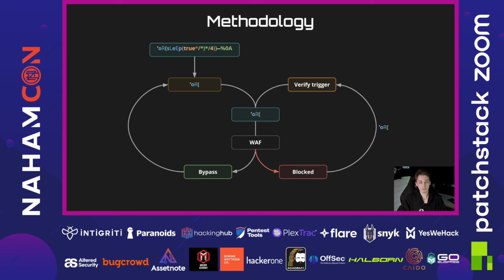If we're sending the payload here, it will get blocked. So this proved that our theory works. The trigger is actually when the single quote is combined with the or, then it's treated as a malicious payload. Okay, so now we know this.